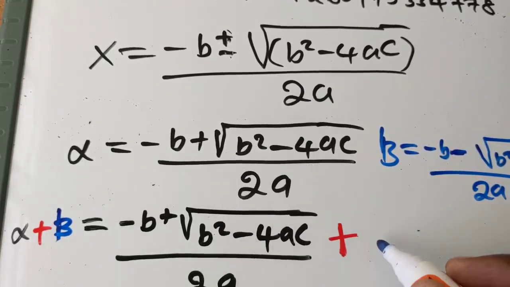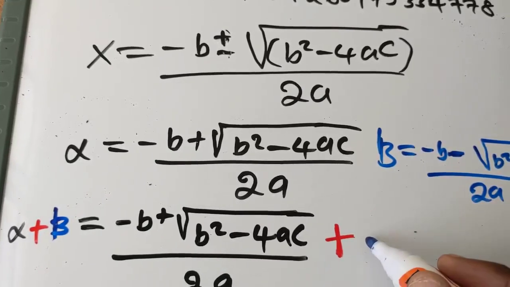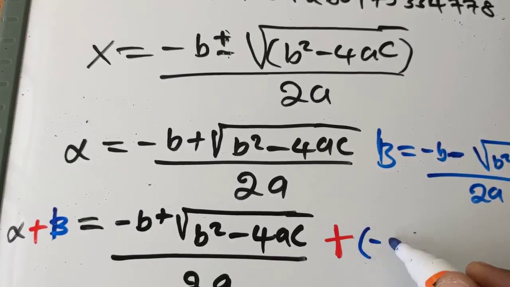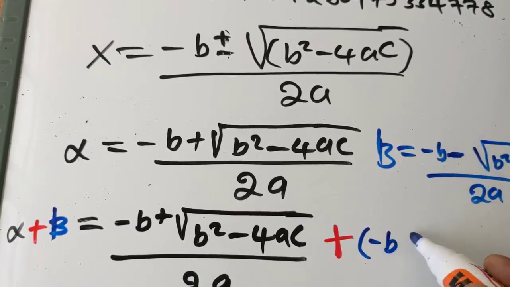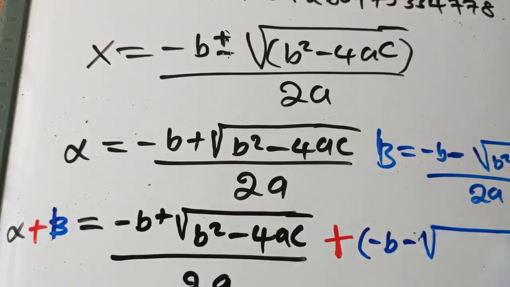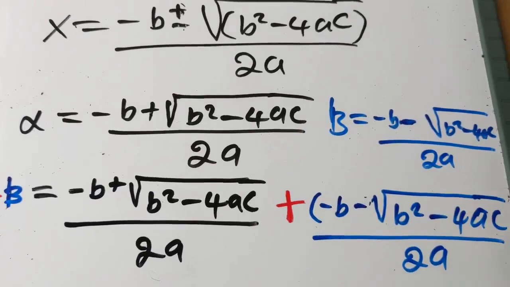So here it will be negative b, there is a minus here for beta, the square root of b squared minus 4ac, then over 2a.